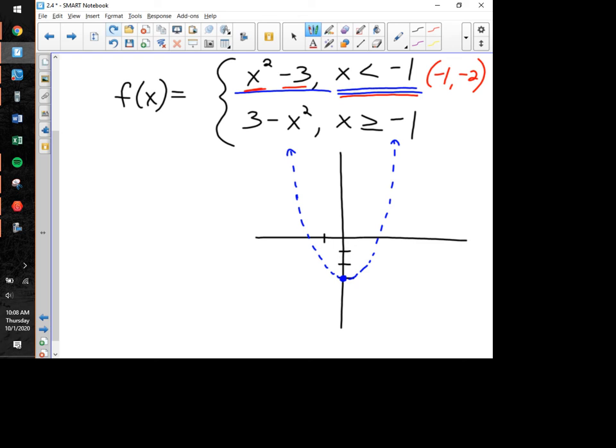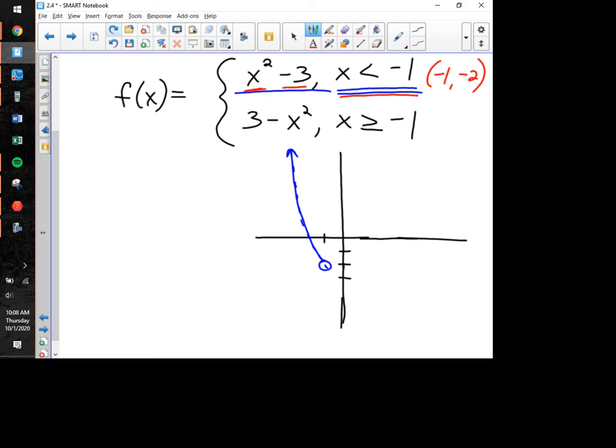So what am I going to do, guys? I'm going to put an open dot right there and graph this solid now for all x values to the left of negative 1. So that is what the left part of this graph is going to look like. And now, really, I can get rid of everything else because none of that applies. None of that is relevant anymore, because everything to the right there happened when x was greater than negative 1.